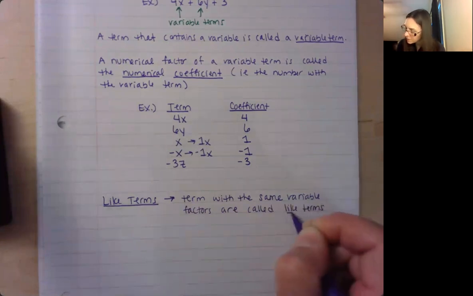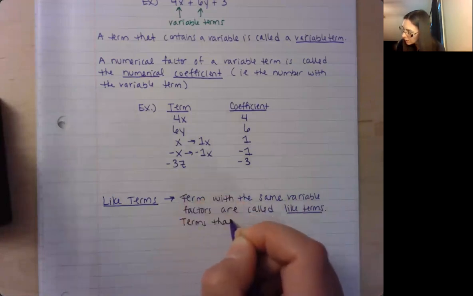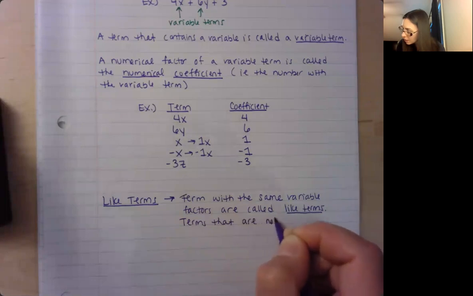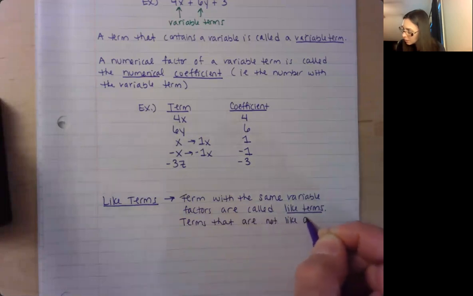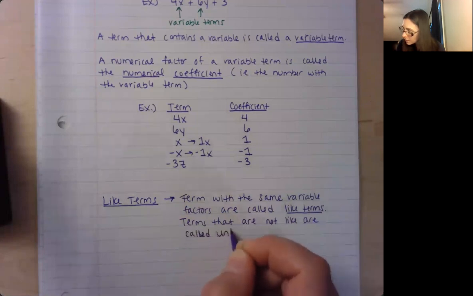They are called like terms. And then terms that are not like are called unlike terms.